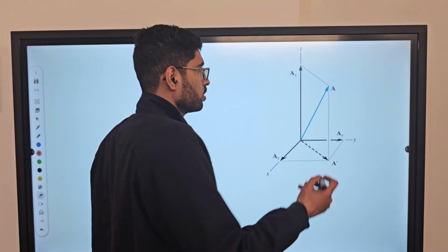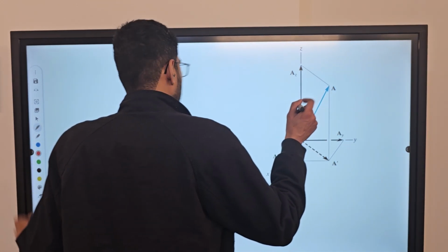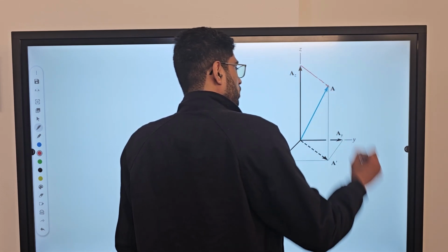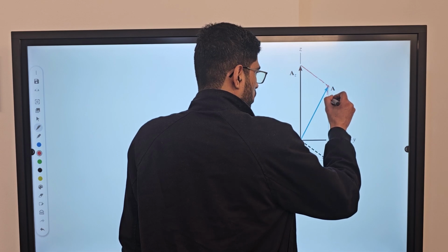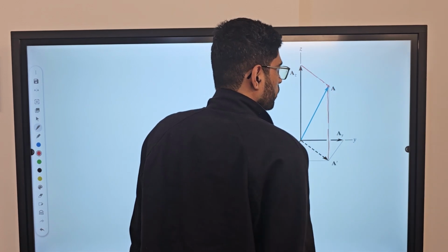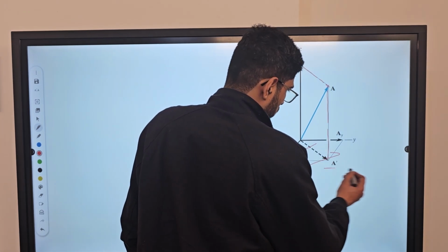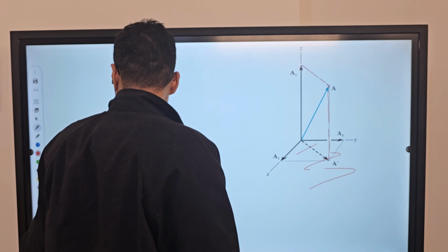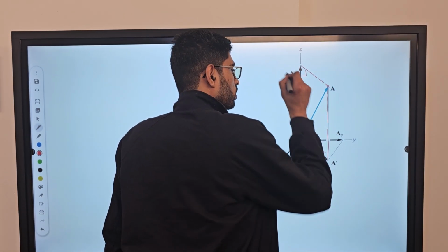We project a perpendicular from the head of A onto the z-axis, and we project a line onto the xy plane, which is the floor. We project another perpendicular line onto the floor.